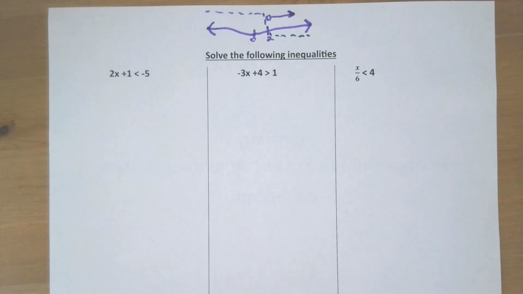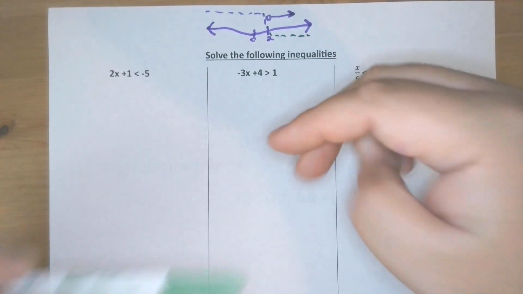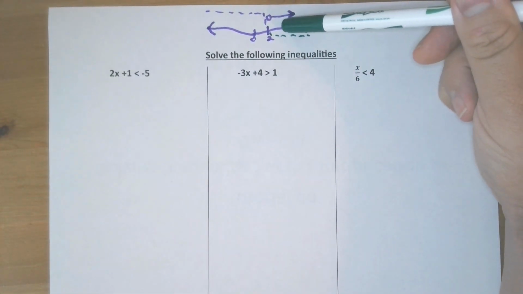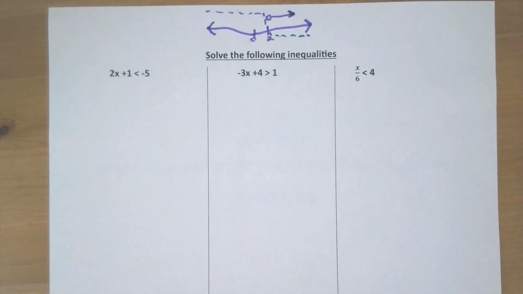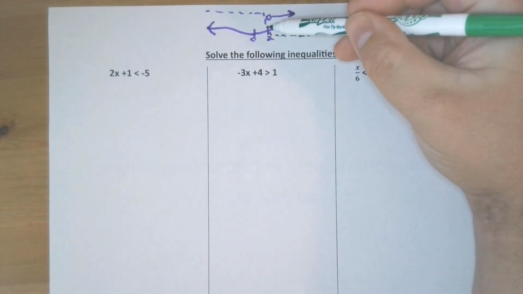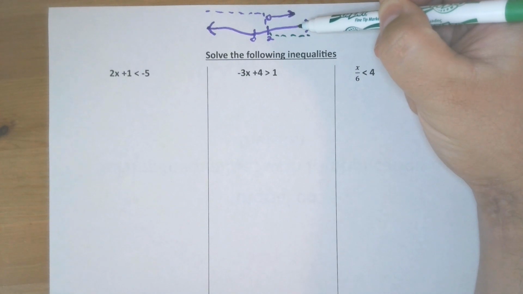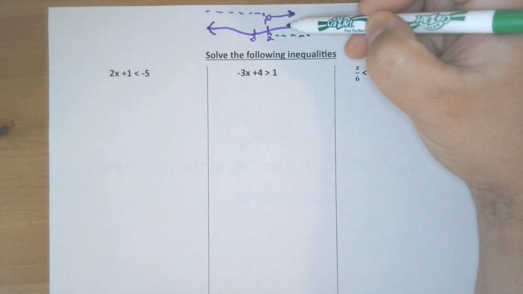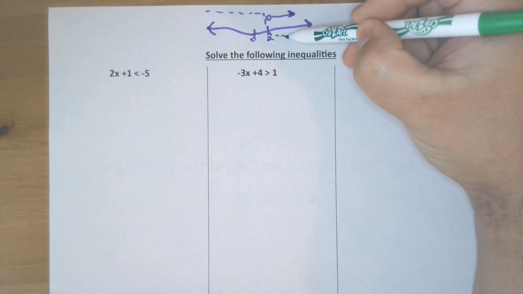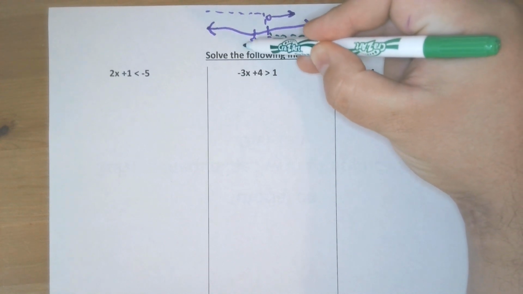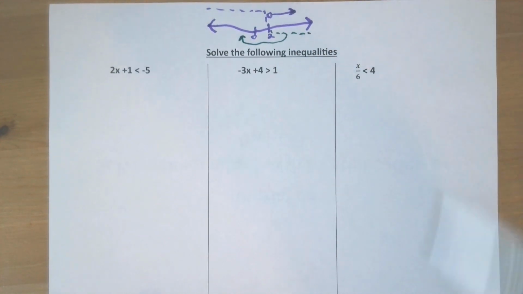What I'm doing when I multiply or divide by a negative is, you can think, taking the numbers here and multiplying or dividing them by a negative. If I take all of these numbers and multiply them by a negative, the ones on the positive side become negative, so on a number line they all go over there.